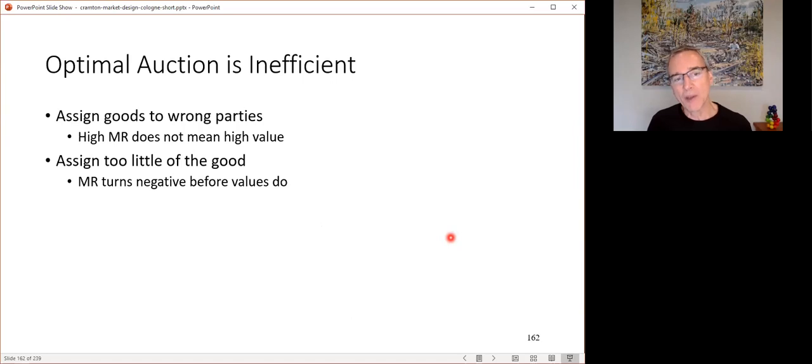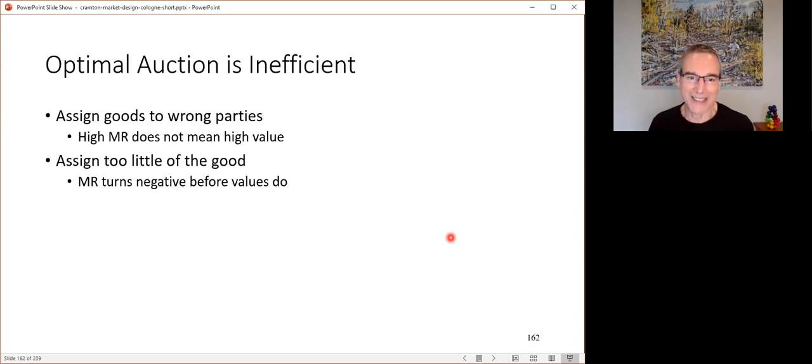So one thing about this optimal auction is it's inefficient, and it's inefficient now for two reasons. We're assigning the goods to the wrong parties, and we're assigning too little of the good. We're assigning the wrong parties because the fact that you have a high marginal revenue doesn't mean you have a high marginal value.